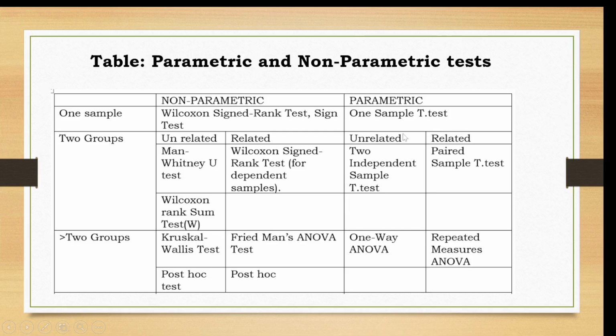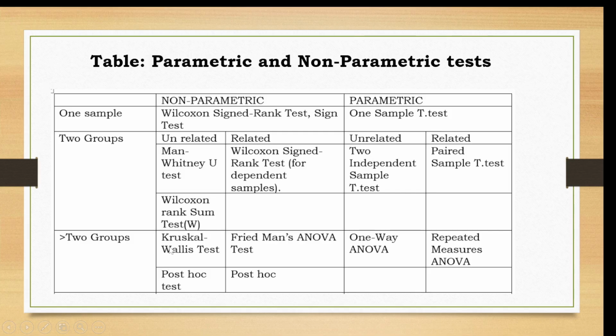There are equivalent parametric tests: for the unrelated, that is the two independent samples, you can use the two independent sample t-test. For the related, you can use the paired sample t-test. Again, for two groups here, you can use the Wilcoxon rank sum test for that.